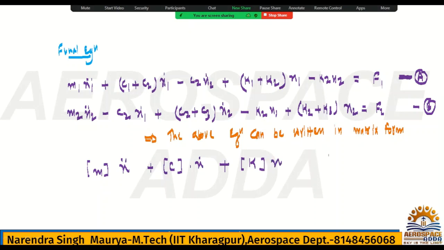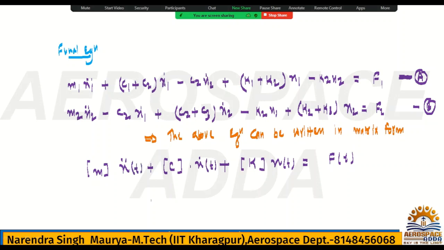Because it's forced vibration, we can write force here. And one more thing, the force and also the displacement are functions of time, so we can write them as functions of time. If you are writing function of time, it's okay, otherwise there is no problem.